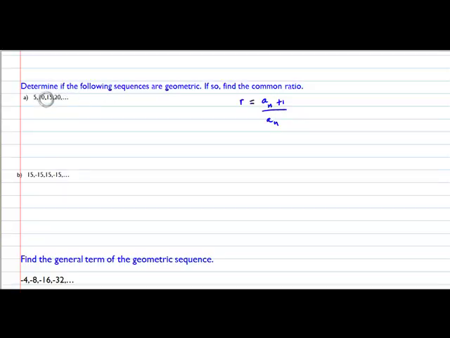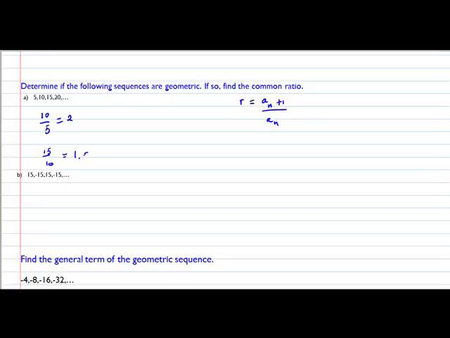So I'm going to take the following term and divide by the previous one, which is to take 10 divided by 5, which is 2, and then I'm going to take 15 divided by 10. 15 is a sub n plus 1, and this 10 is a sub n. So now I'm going to take this divided by that.